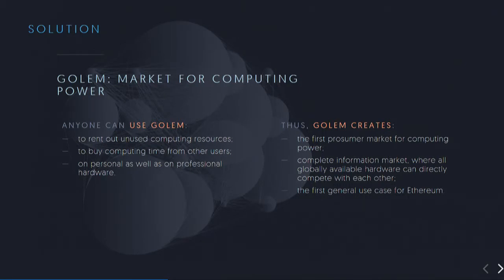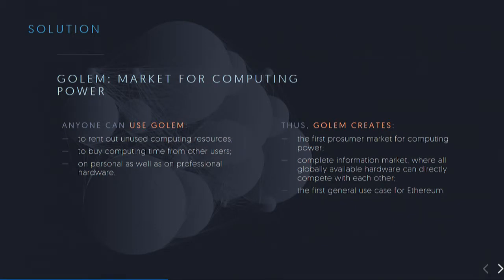And thanks to that, we want to create the first prosumer market, the first sharing economy market for computing power. We want to do that on a nearly complete information market, where the rules of competing between the parties are almost as clear as on the commodities market.